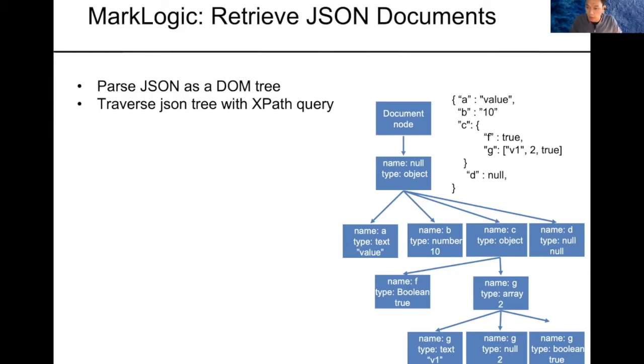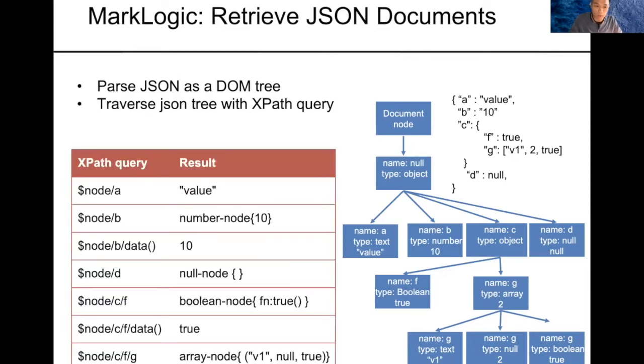G includes three subnodes, values 1, 2, and 3. So in this way, we can transfer the JSON into a tree representation similar to XML, and with XPath query, we can navigate the tree and get the result we wanted.